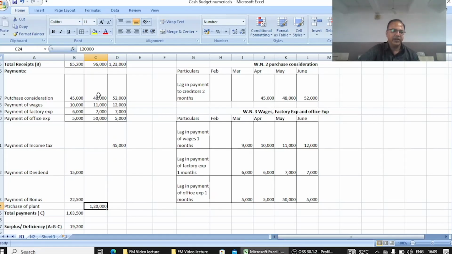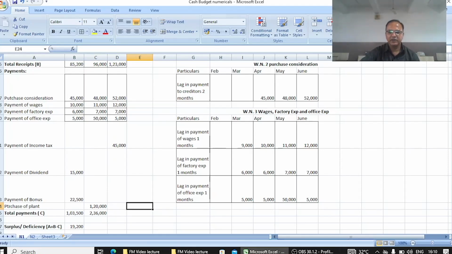Let's add 48 plus 11 is 59, plus 7 is 66, plus 50 is 116, plus 120 is 236.